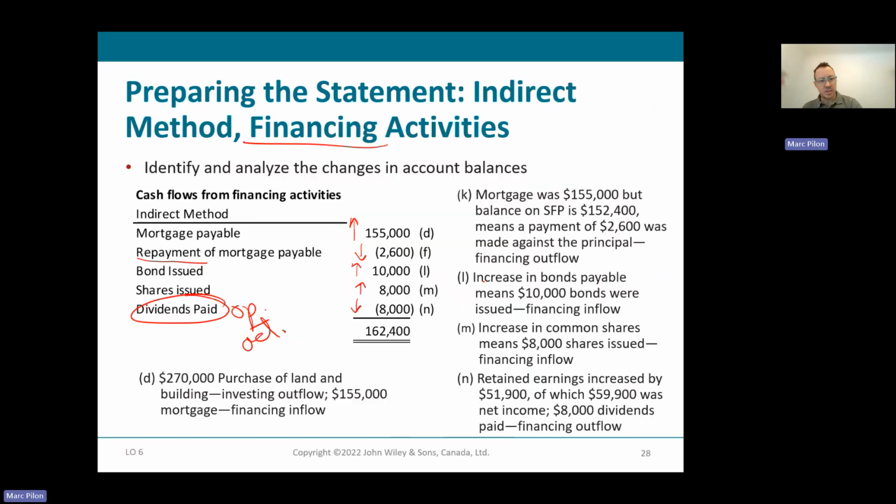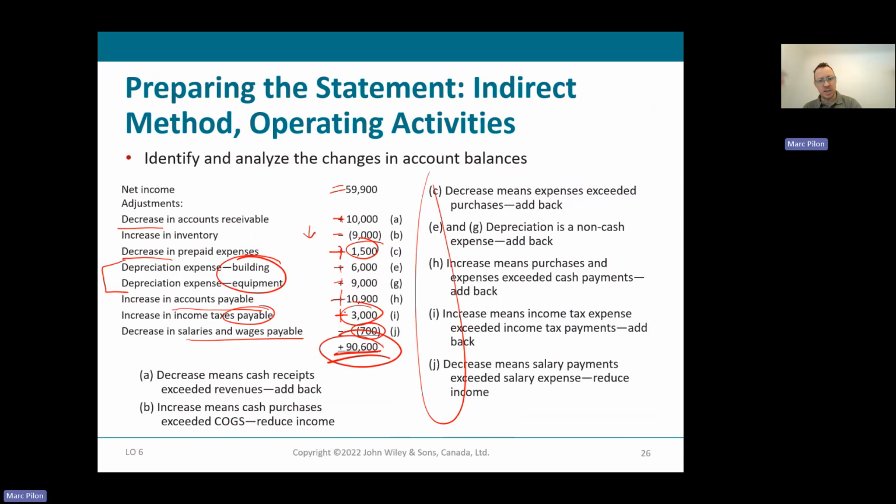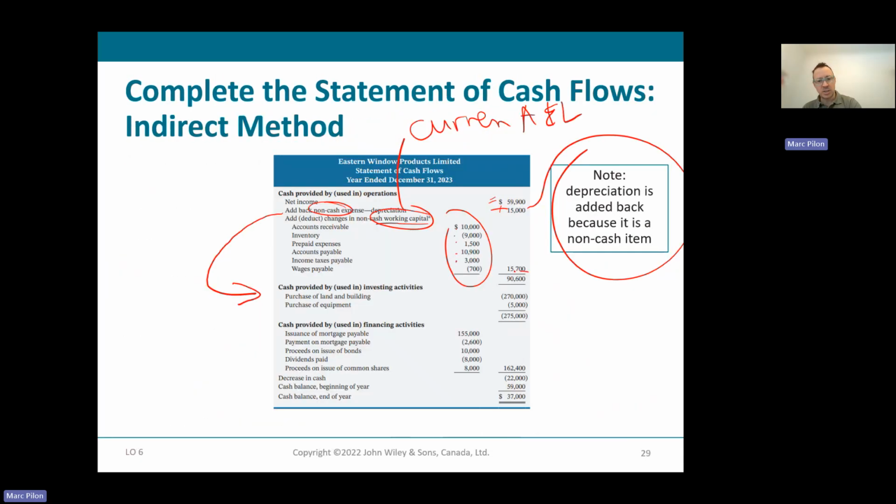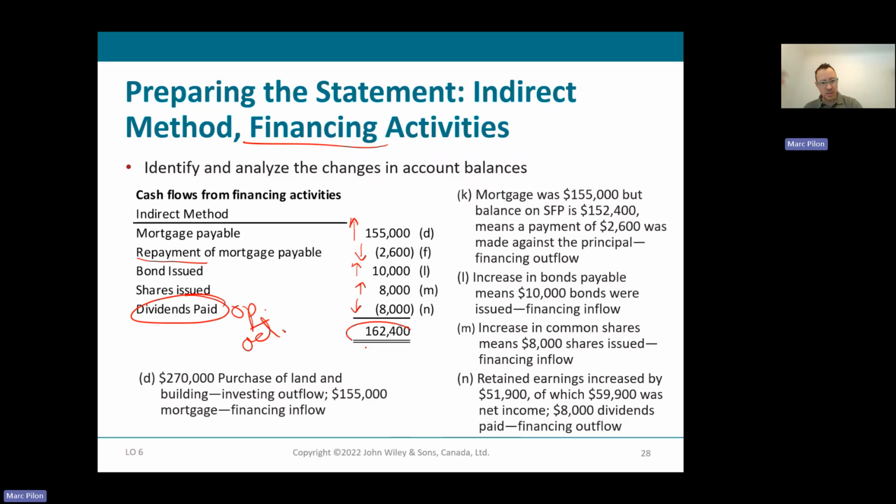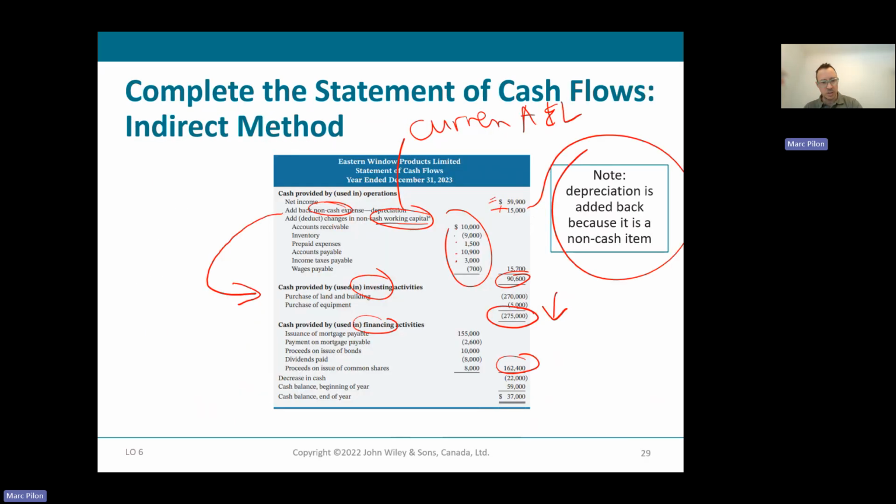Gives me the 90,600. We had already calculated that here, 90,600. I've got my investing activities. That's negative cash. And then I've got my financing activities here. I've got a total of 162. That's this amount, 162,400.